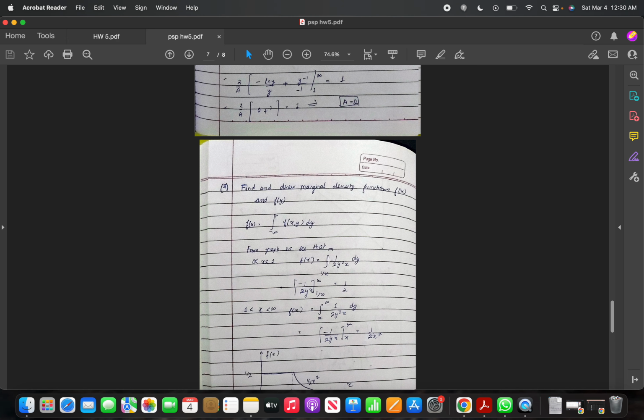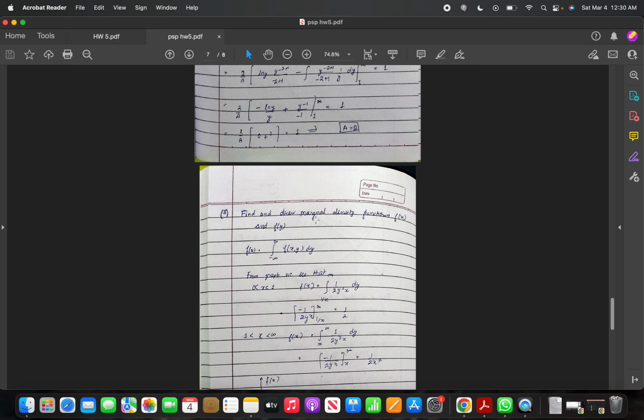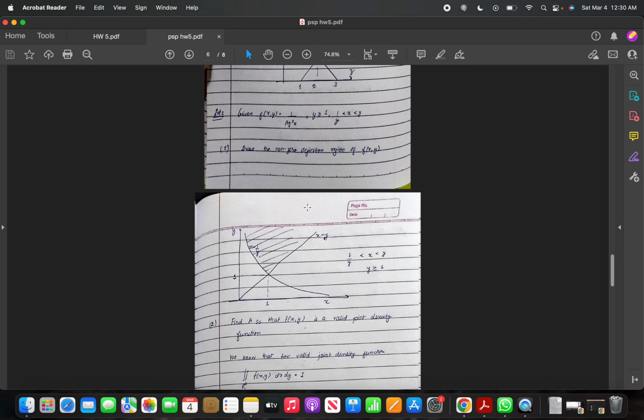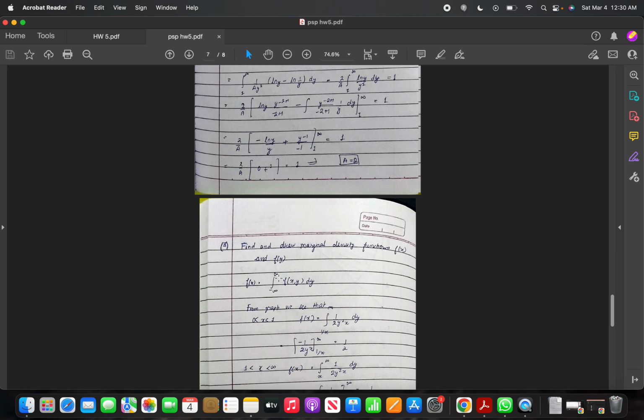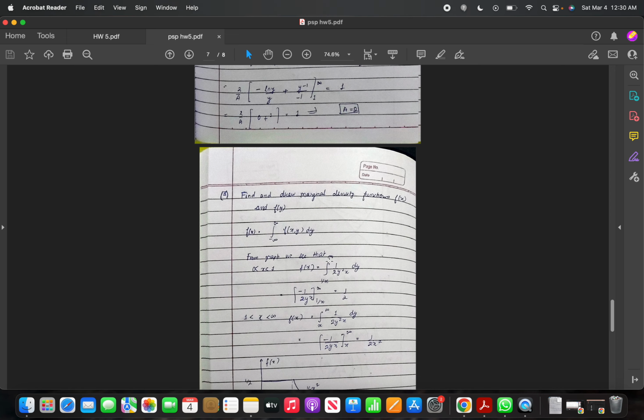Y will range from 1 by x to infinity because this curve represents y equals 1 by x, so the value will be from 1 by x to infinity. And we'll integrate and find that this will be equal to 1 by 2.